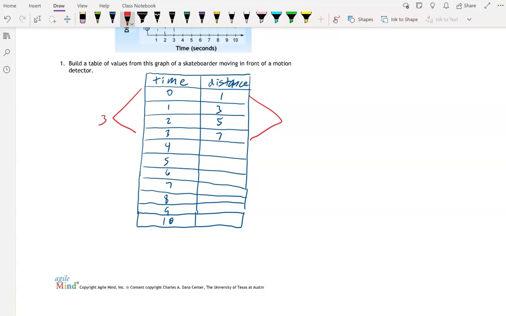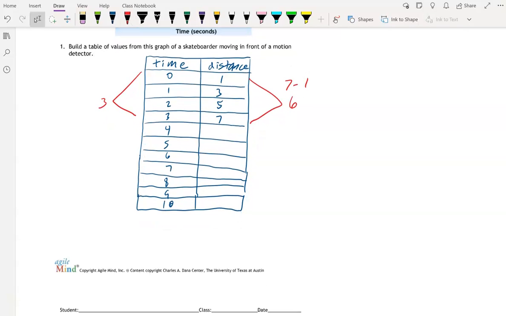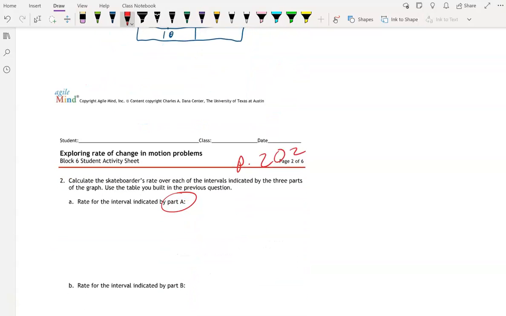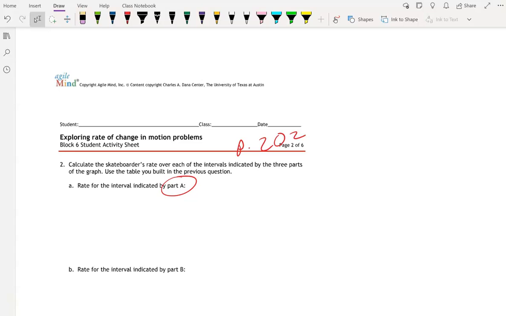And how much distance was covered? That is a total of 7 minus 1. That's 6 feet total. Let's go up here, and it says the rate for that interval.